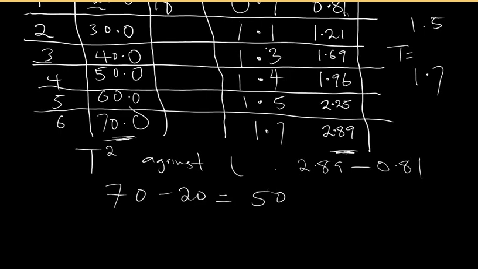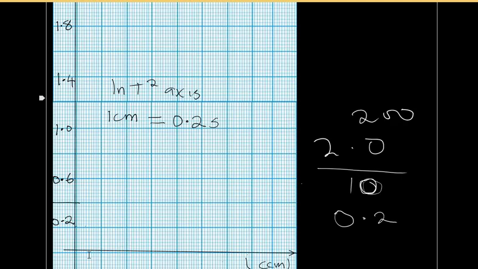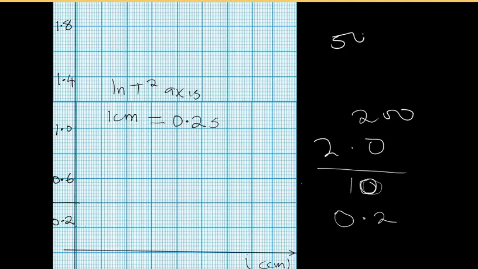So how many boxes do we have? 1, 2, 3, 4, 5, 6, 7, 8. Let's approximate it to 5 boxes. So 50 divided by 5 is 10. Each interval I should have 10: 10, 20, 30, 40, 50, 60.